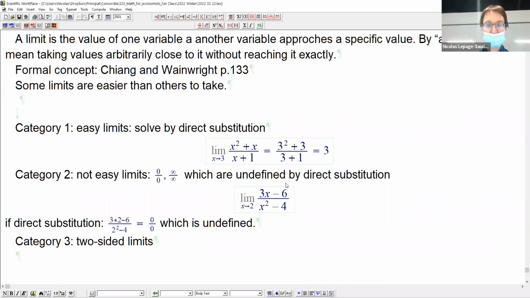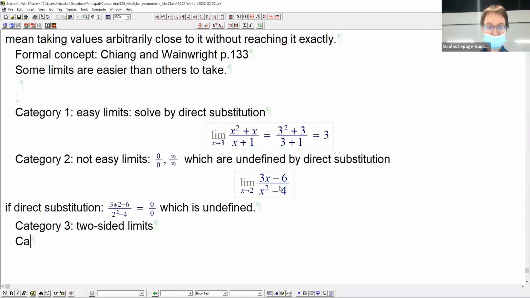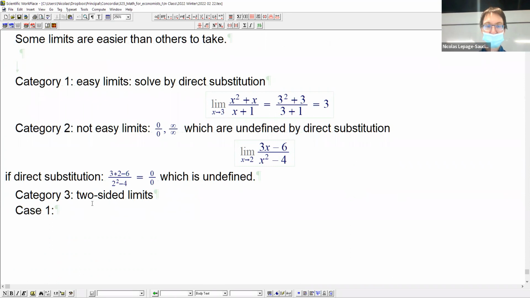And here I have 2 cases. So case 1. Two-sided limits, what I'm saying is the function does different things on both sides of the limit. So I have to care about estimating it when I tend toward the limit on one side or toward the limit on the other side.